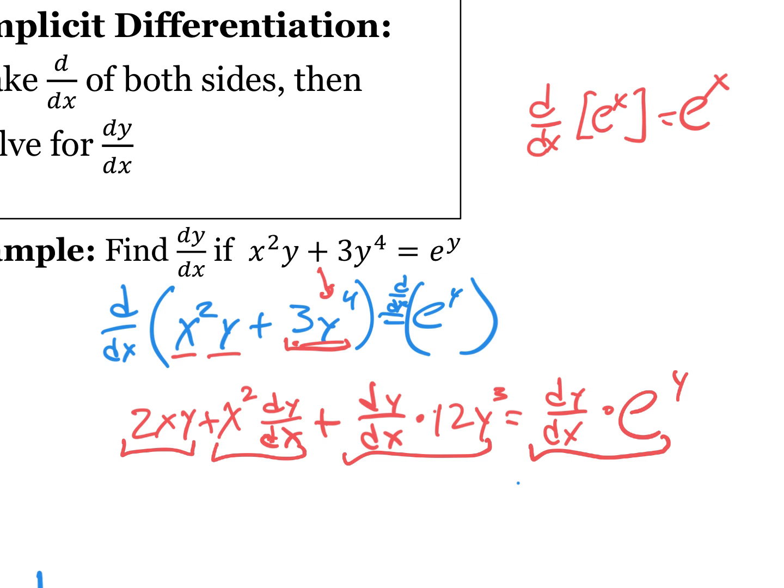So maybe we'll subtract x squared dy/dx and subtract 12y cubed dy/dx from both sides.